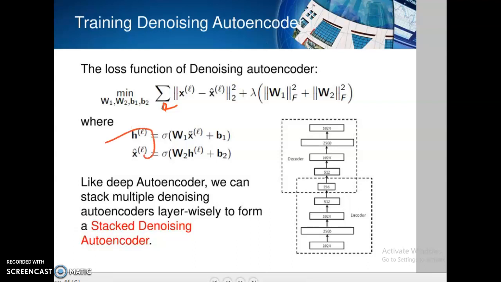Like deep autoencoders, we can stack multiple denoising autoencoder layers to form a stacked denoising autoencoder.